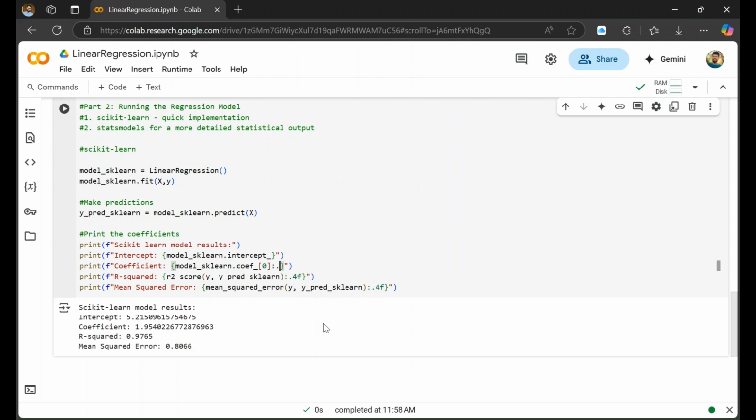Or let's just use one. Let's keep it full.